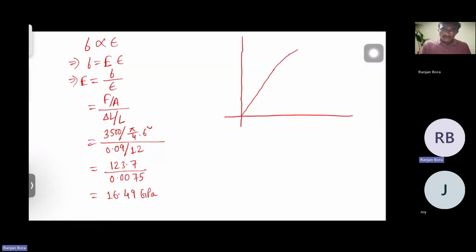After that, a point comes when the stress is maximum, the maximum stress attained by the material. This maximum stress is called the ultimate strength of the material. In the stress strain plot, this is the ultimate strength.